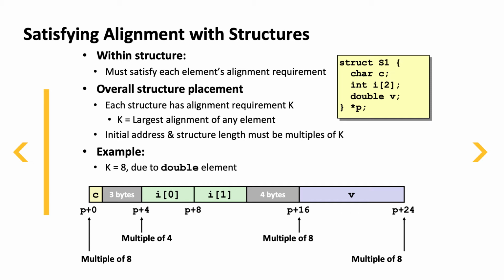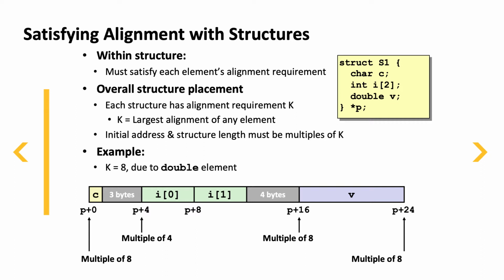And the whole length of the thing, instead of just allocating the 8 plus 4 plus 4 plus c, that's only 17 bytes for the actual stuff inside the struct, we're going to allocate 24 for it because we have to have the length be a multiple of 8. It can be 24, it can be 16.